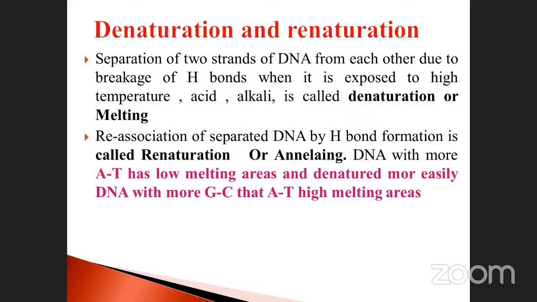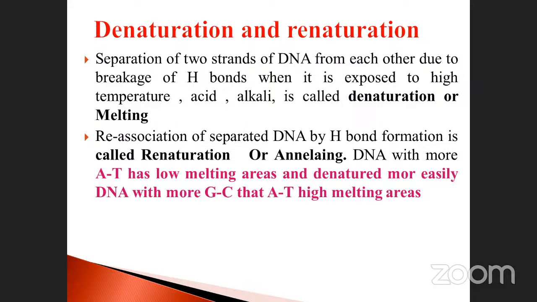Means, you know well that adenine combines with thymine with 2 hydrogen bonds only. But at the same time, guanine joins with cytosine with 3 bonds. So one more hydrogen bond is present between guanine and cytosine. So the breakage will be very high compared to adenine and thymine.